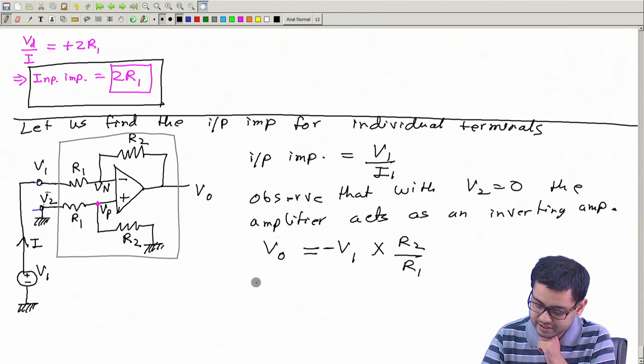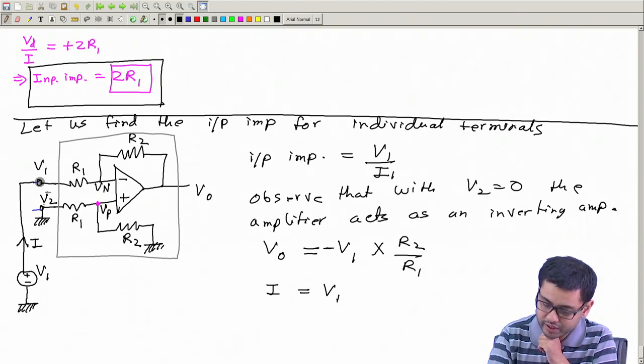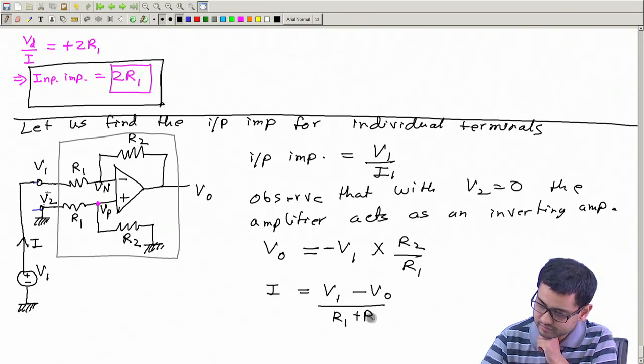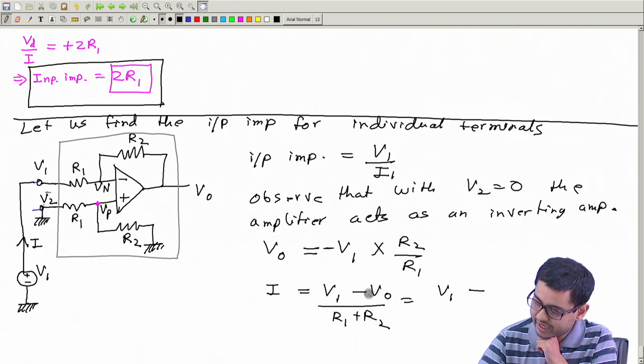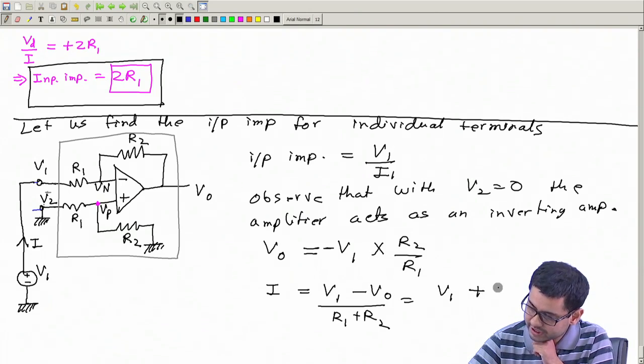How much will be the current? The current I will be equal to V1 minus V0, divided by R1 plus R2. This will be equal to V1 minus, in place of this I write plus V1 R2 by R1 whole, divided by R1 plus R2.